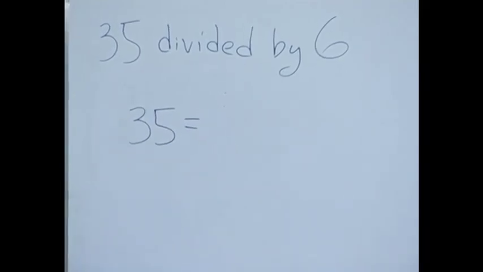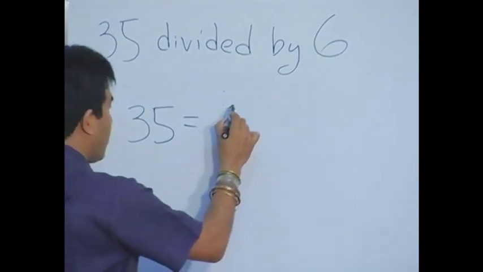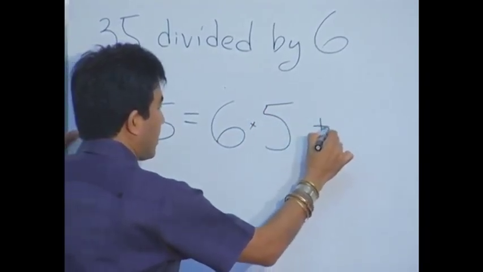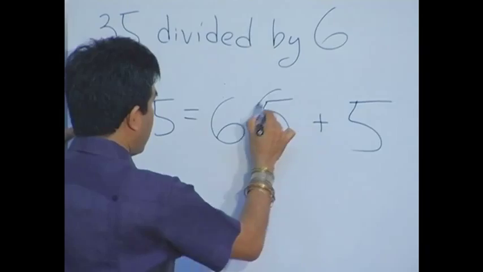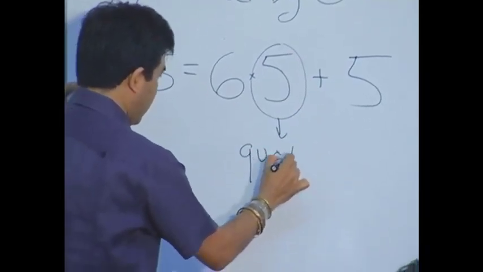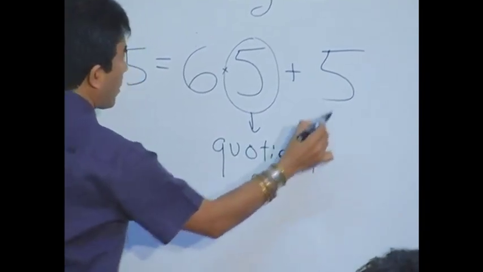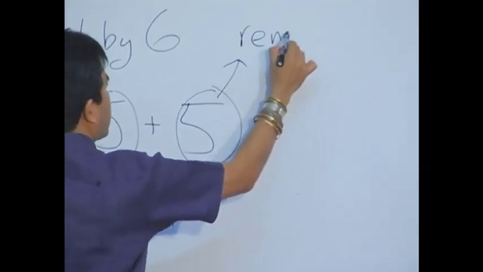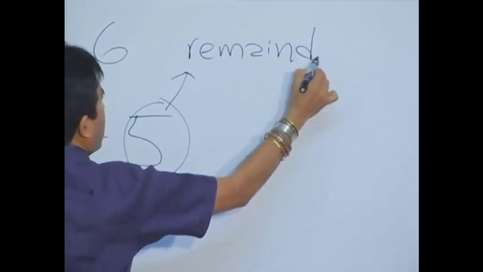How many 6's are in 35? 5. There are 5 6's. So 6 times 5 plus 5. This is what we call the quotient. And this is what we call the remainder.